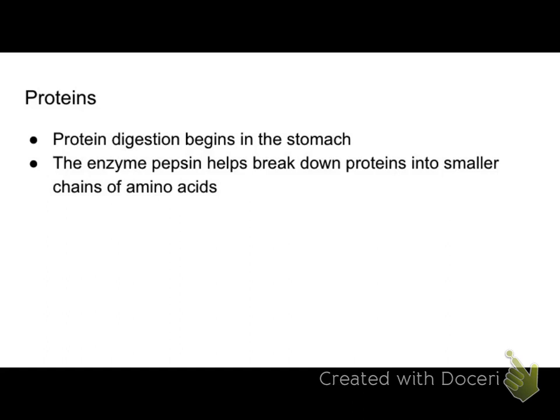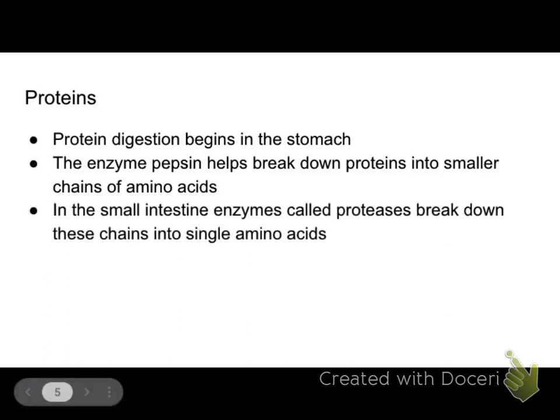Then those proteins go to the small intestine, where there are several enzymes called proteases, and they break those smaller chains into individual single amino acids.